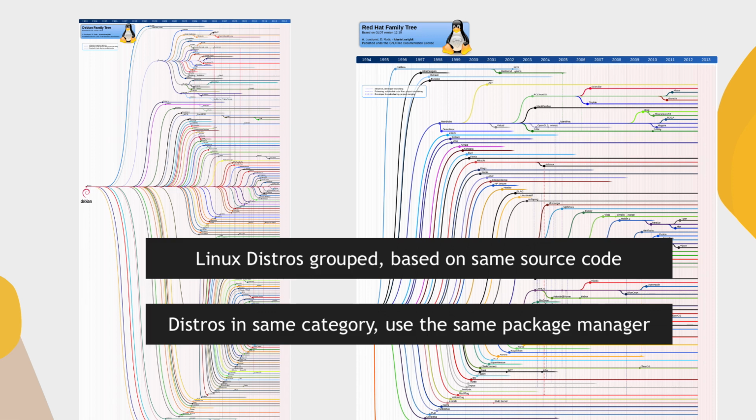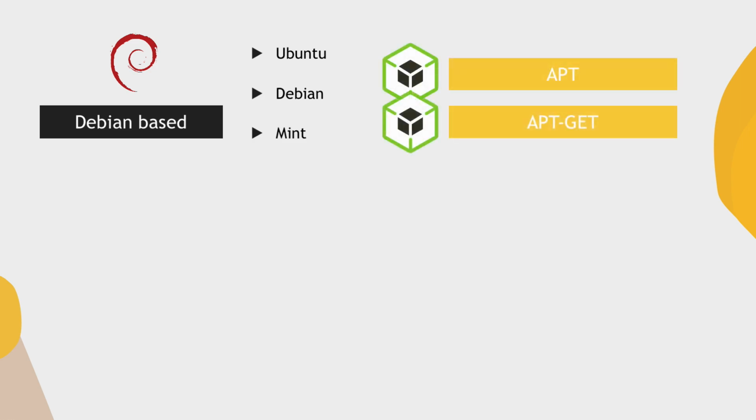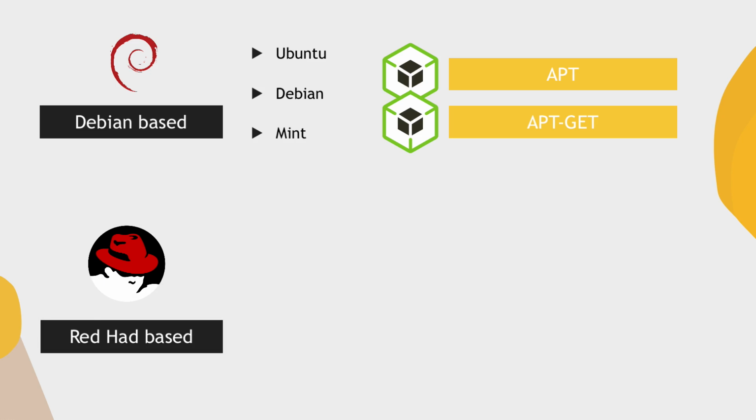There are two most used and known categories of Linux distributions, which are Debian-based distributions, such as Ubuntu, Debian, and Linux Mint, which all use apt or apt-get. And the second one is Red Hat-based distributions, such as RHEL, which stands for Red Hat Enterprise Linux. We also have CentOS, which is also Red Hat-based, or Fedora.